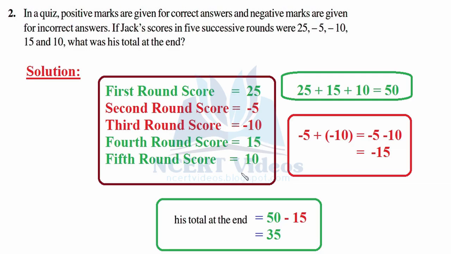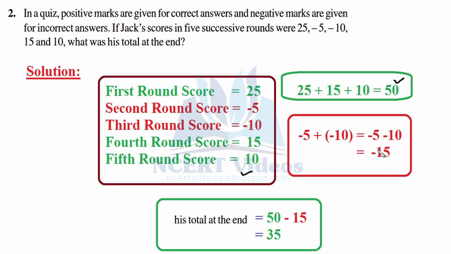So we have made it easy by marking positive numbers with green and negative with red. This makes calculation easier. First of all, we will add the green ones, that is the positive scores he achieved. So 25 plus 15 plus 10 is nothing but 50. You can do it very easily. Now you have to add these negative numbers.